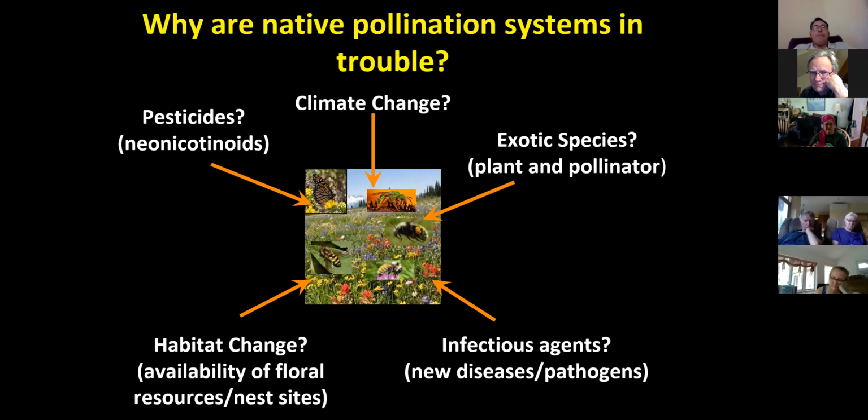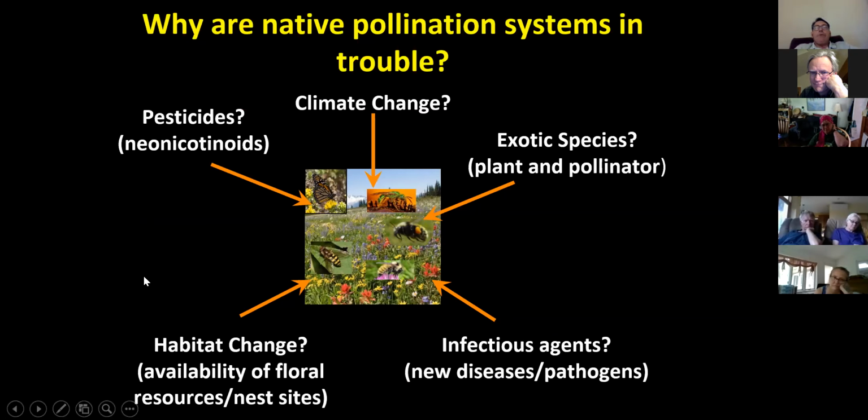Moving forward, pesticides became in vogue. Certainly, infectious agents are still an issue. There's actually spillover now going from honeybees to native bees. But pesticides, the neonics in particular, I've done a lot of work here.